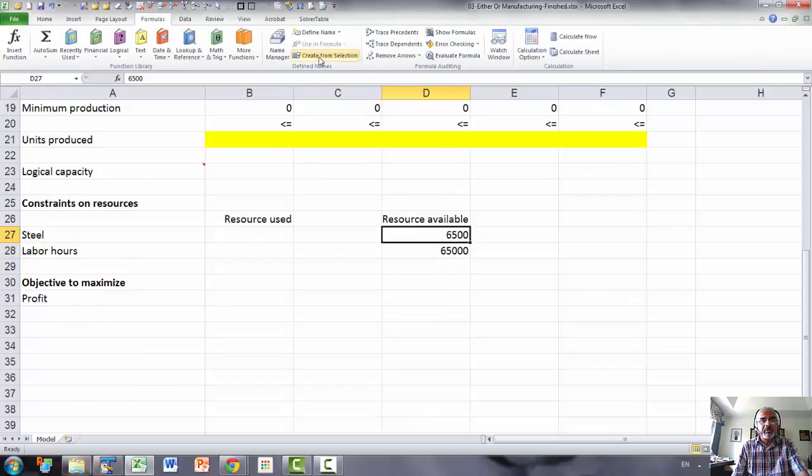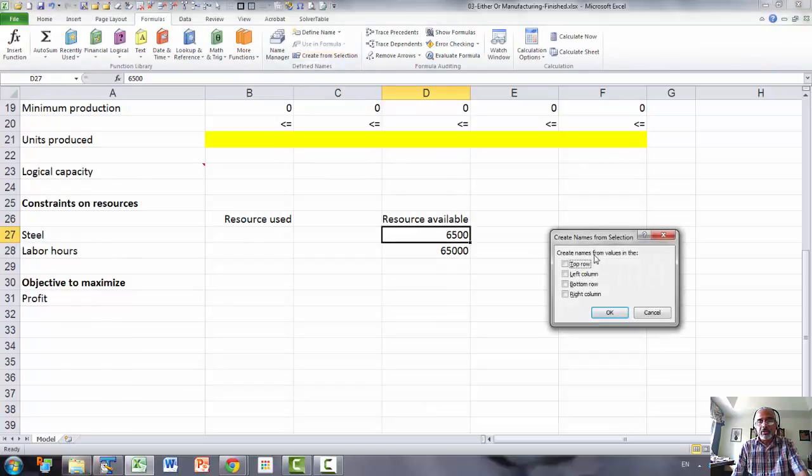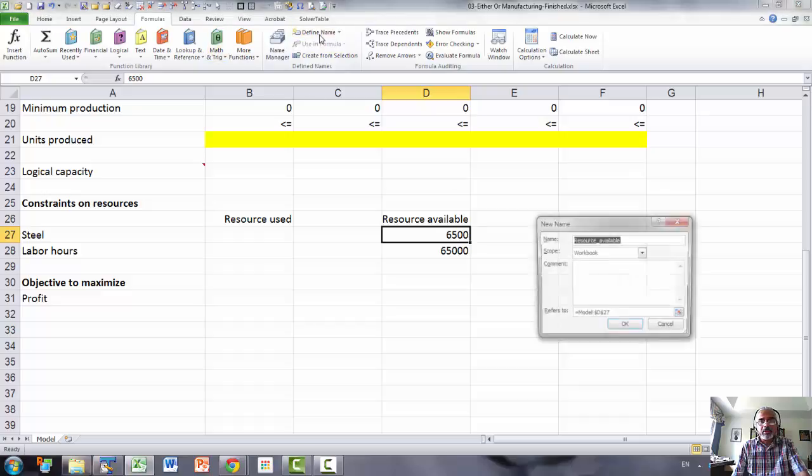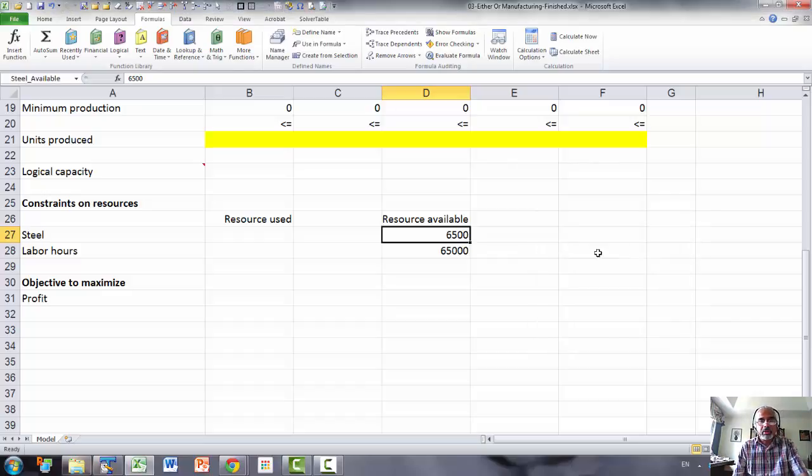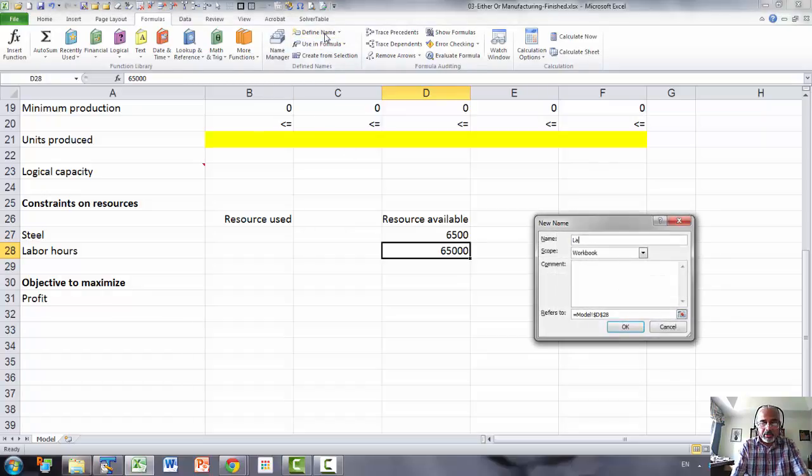Let's give a name. Steel available, and this is labor available.